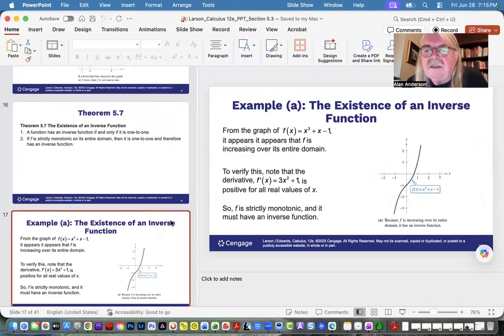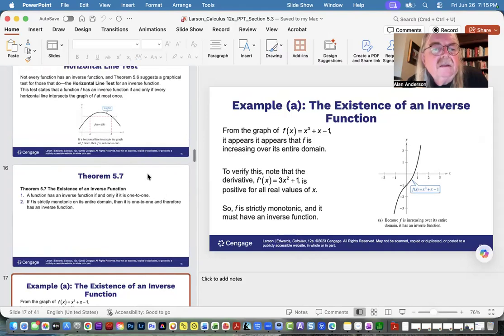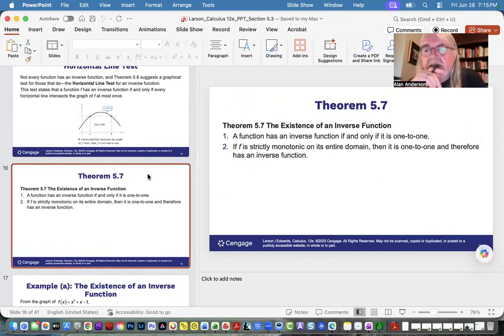Yeah, so they're using this example, x cubed plus x minus 1. It's pretty clear that this one passes the horizontal line test. But they're also telling us here that another way to test is if the function is monotonic, which means it is always increasing or always decreasing. That would be another way to tell if it has an inverse.